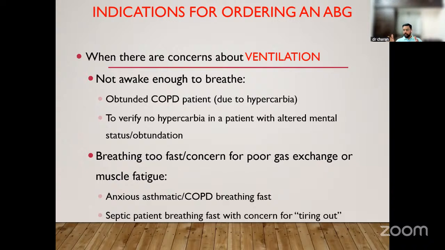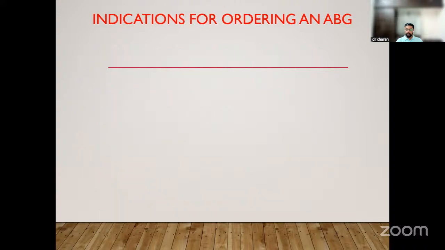So till a point of time, the patient will try to compensate for all those things by being tachypneic and by trying to wash out their carbon dioxide. But at some point of time, the patient might tire. You need to identify that point, and you need to intervene by putting them on a non-invasive ventilator or putting them on a ventilator by intubating. Has to be done appropriately. If you lose that time, the patient can go into arrest.